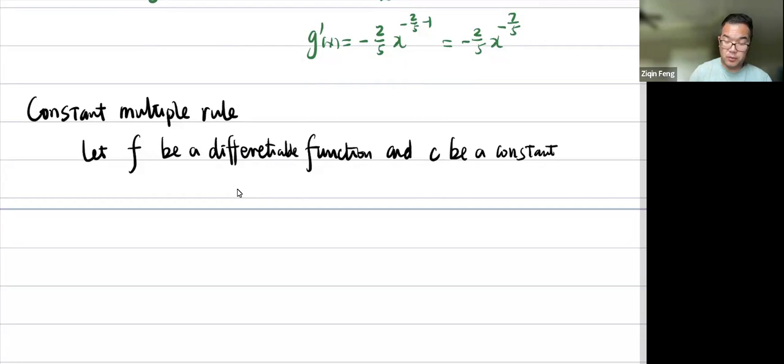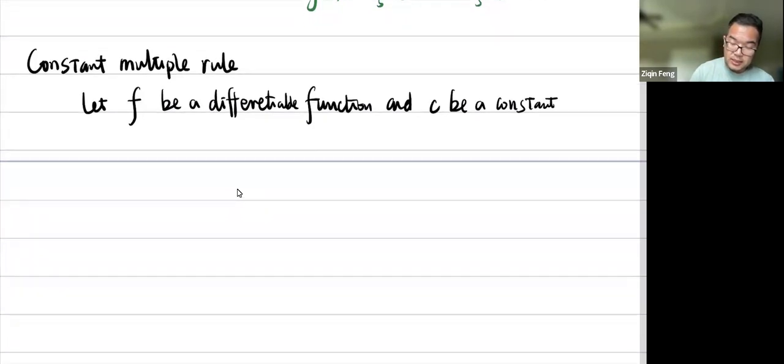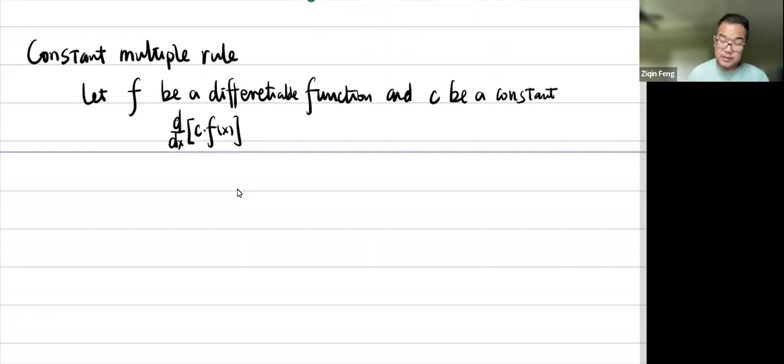Now we get a new function. We want to know what is the derivative of c times f, d over dx of c times f of x. What's that? Let's try to find it.